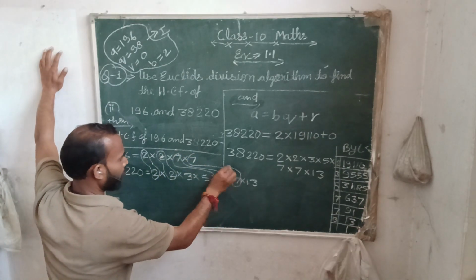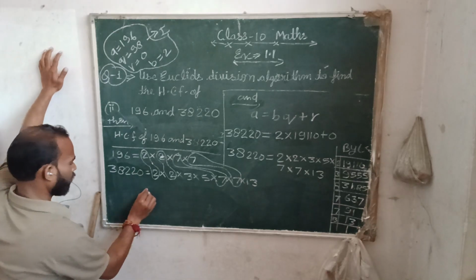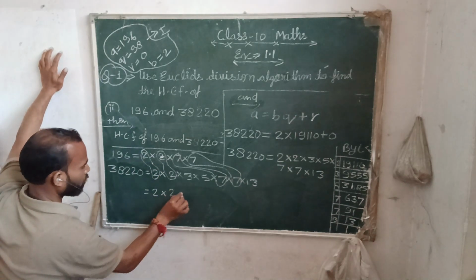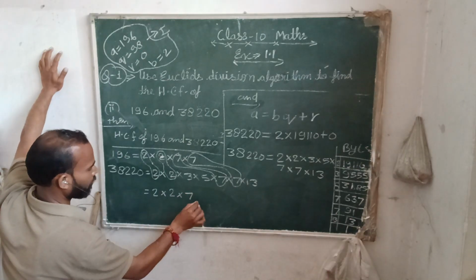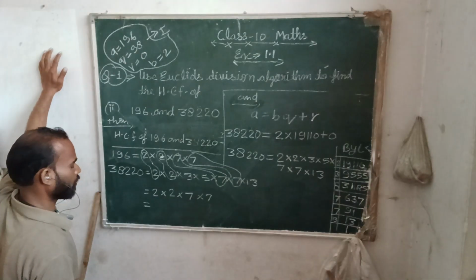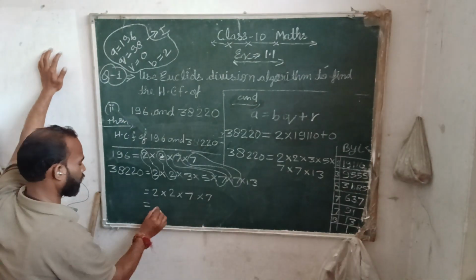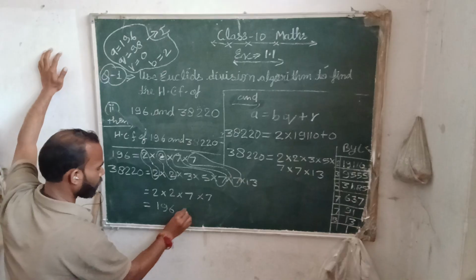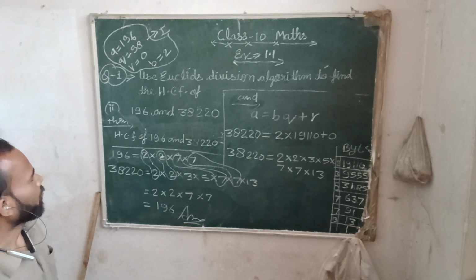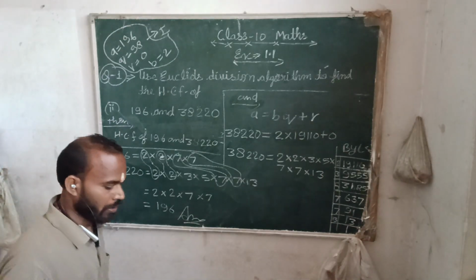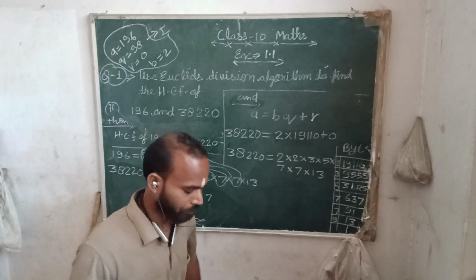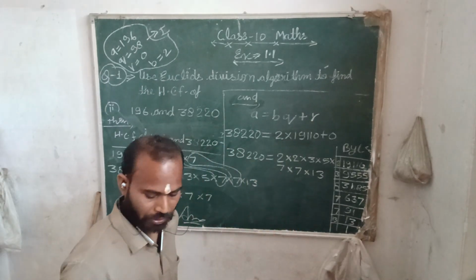Matching pairs, we get 2 into 2 into 7 into 7. 2 twos are 4, 4 sevens are 28, 28 into 7 is 196. That is your answer. So the HCF of 196 and 38,220 is 196. Okay, thank you.